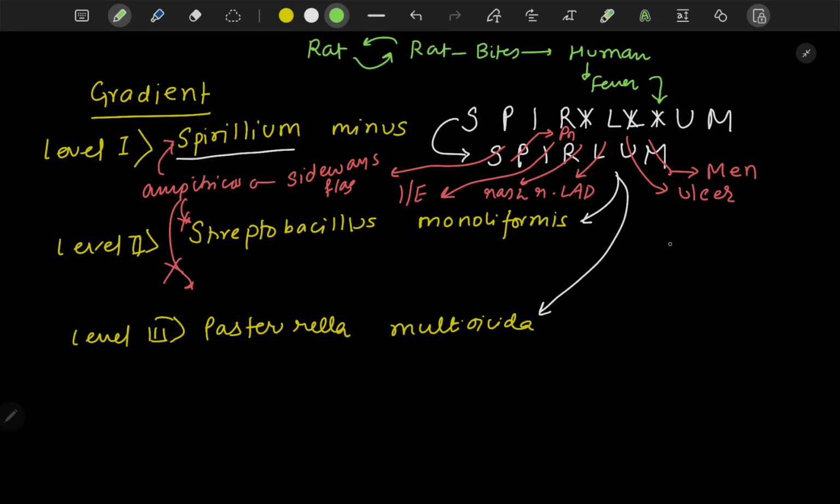Basically, where there is a bite mark, that area can slowly ulcerate. The bacteria can travel to the nearby lymph node, and thereby we have the ulcer and regional lymph node.